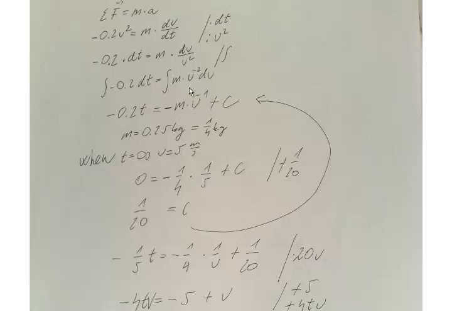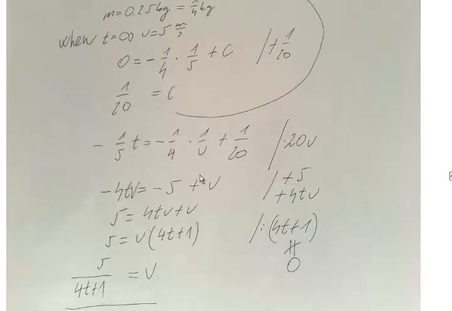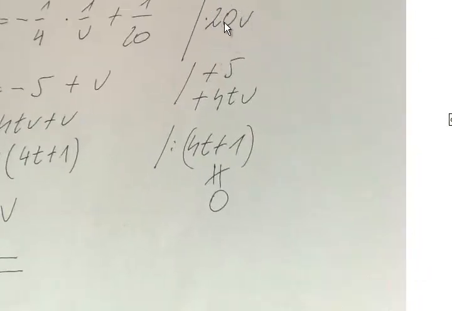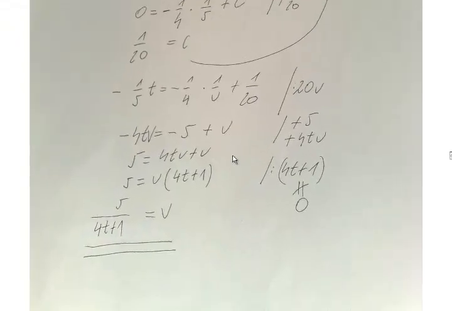This is 1 over v, multiply by 20v, we get this, and we add 5 and add 4 times tv, factor out v, and divide by this expression.